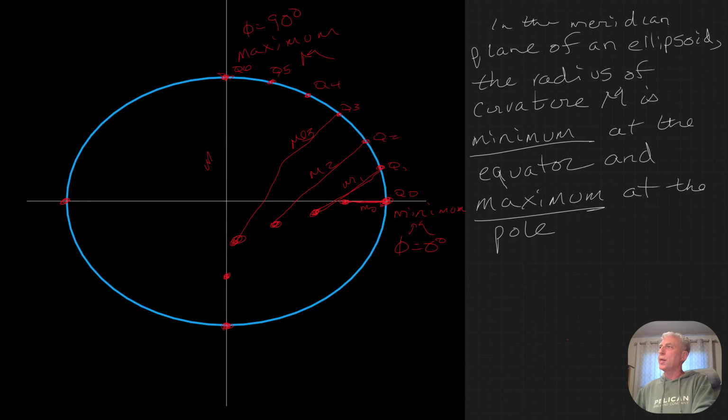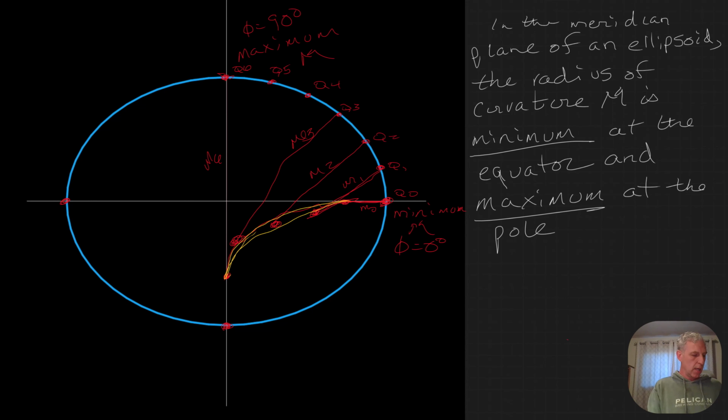And that would be M6. And what I have then is a curve between the endpoints of my vectors, right? And it's a concave down curve.